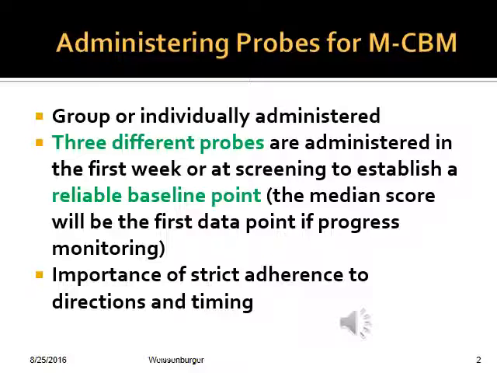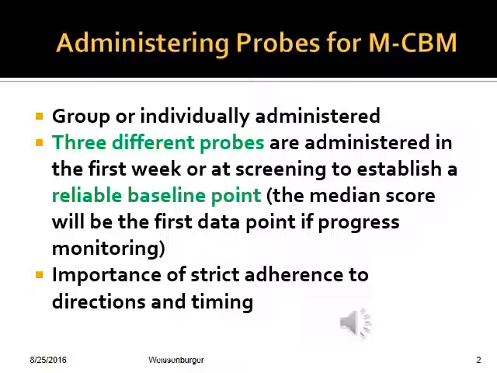As such, the administration time and the need for multiple assessors is diminished. Therefore, a particular school district could go class by class and administer CBM probes. So they can be administered to groups or to individuals.